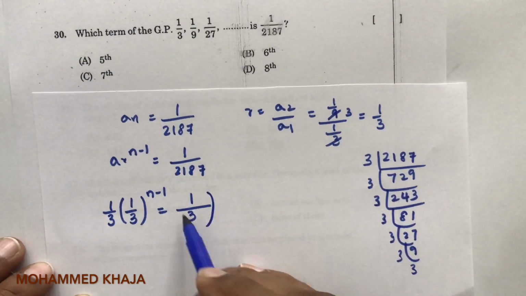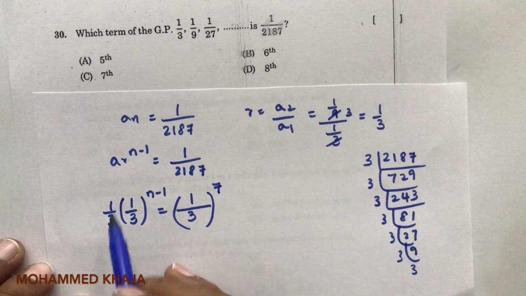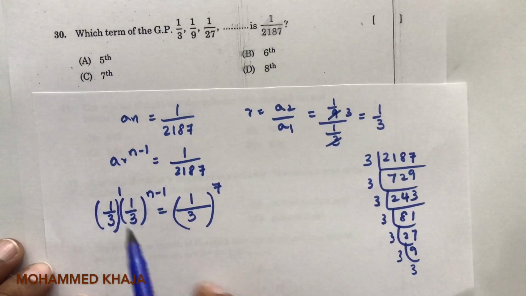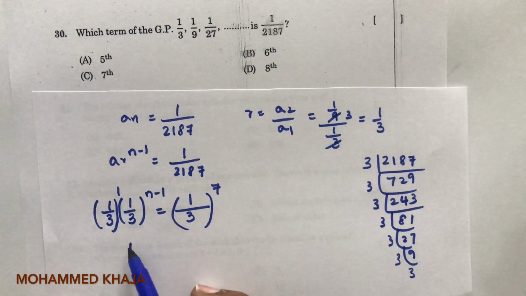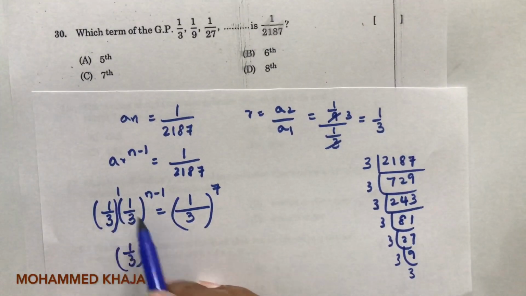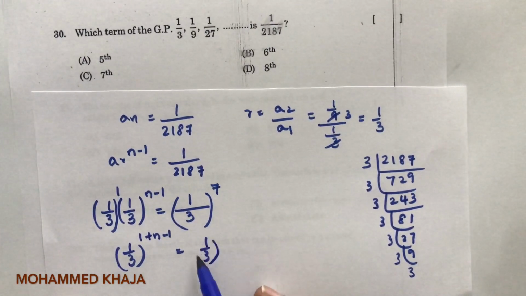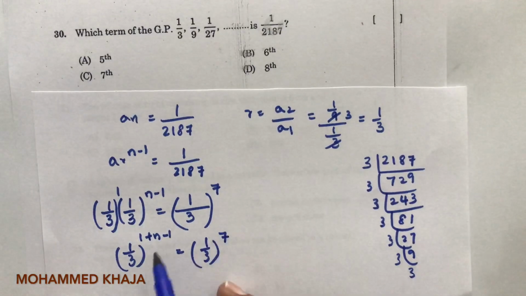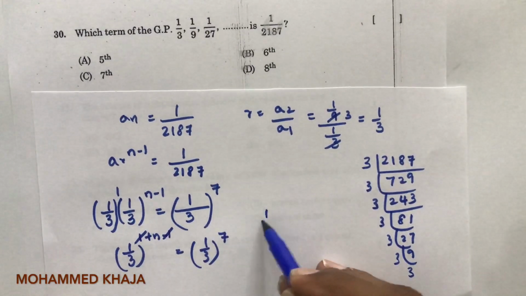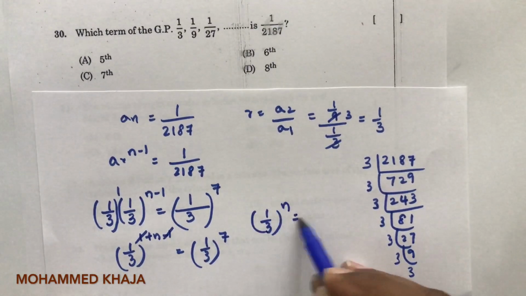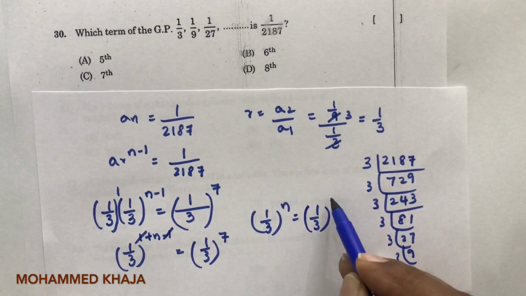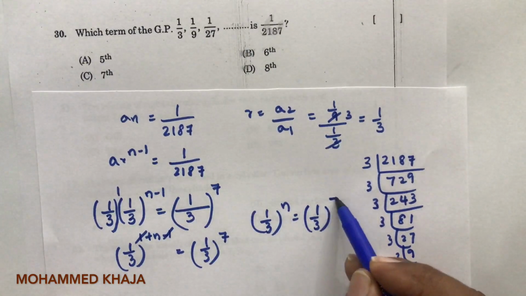1 by 3 whole power 7 you can write. Here 1 by 3 whole power 1. Now bases are the same, so 1 plus n minus 1. 1 by 3 whole power 7. Minus 1 plus 1 cancel. So 1 by 3 whole power n equals 1 by 3 whole power 7.